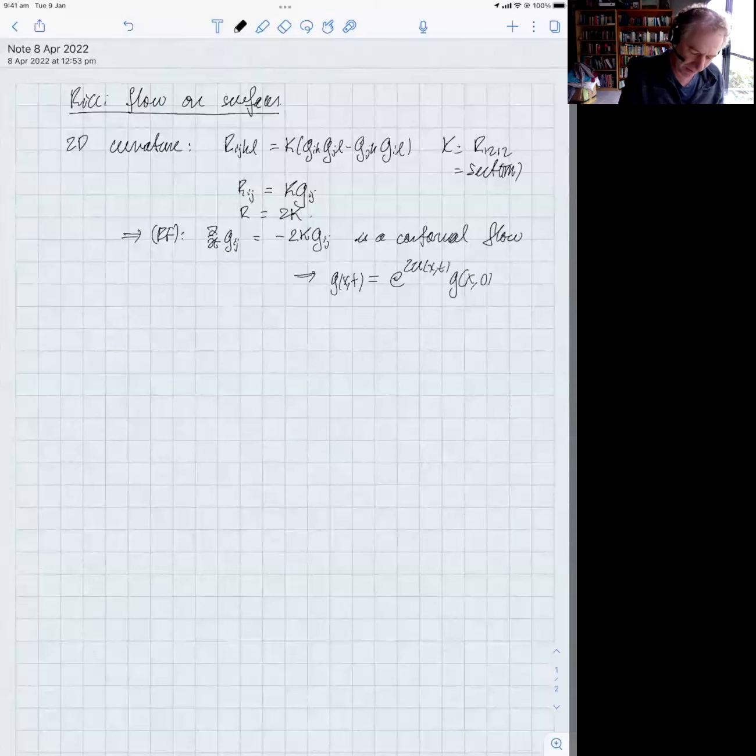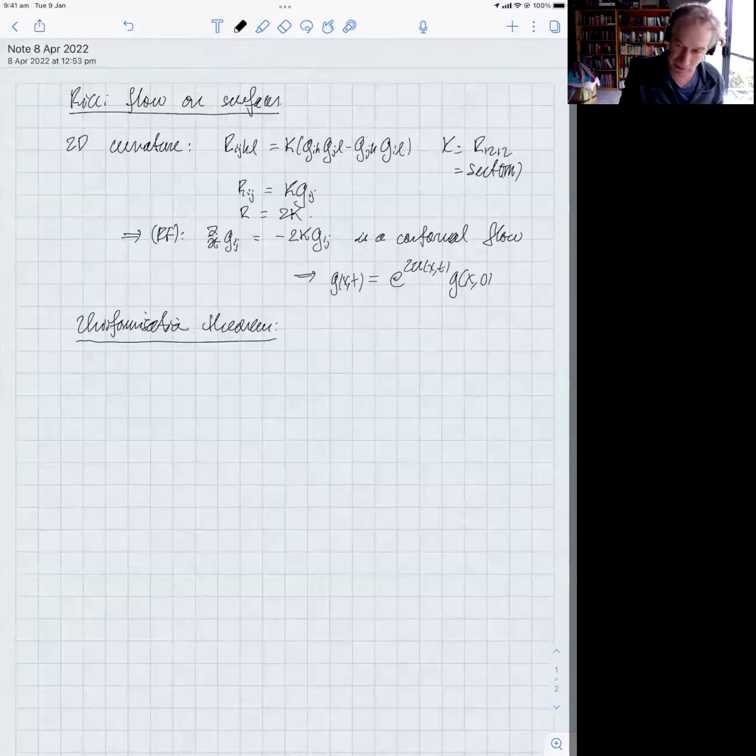I mean, the result that lies behind this is the so-called uniformization theorem. This is sort of the 2-dimensional version of geometrization in some sense, but it goes back a lot further, of course. This is Poincaré and Koebe in 1907. Okay, and I guess the motivation for this was due to Felix Klein a little bit earlier on.